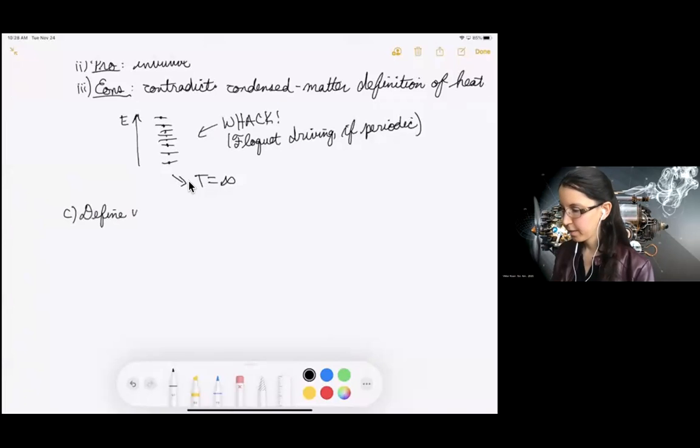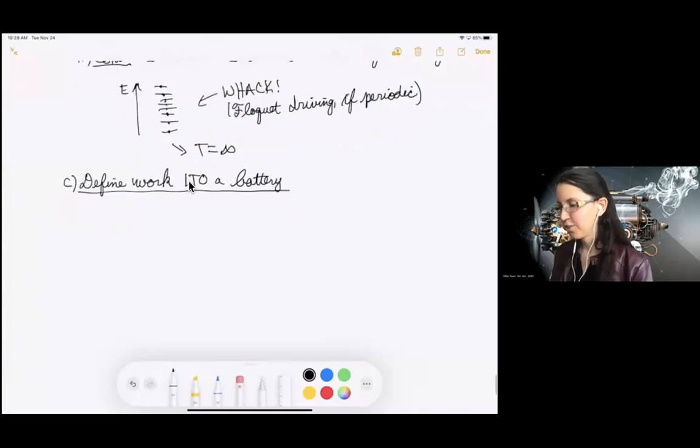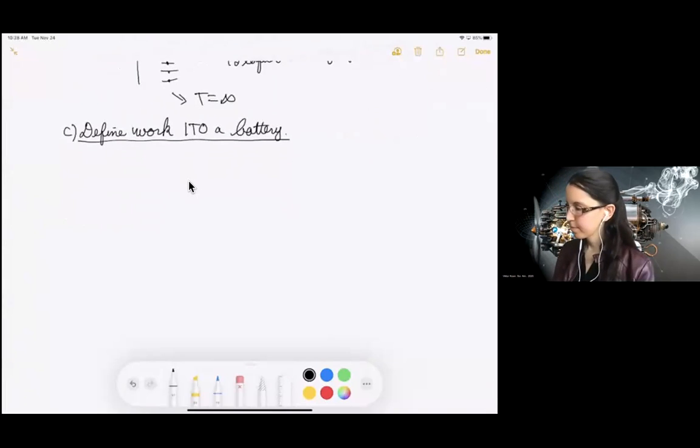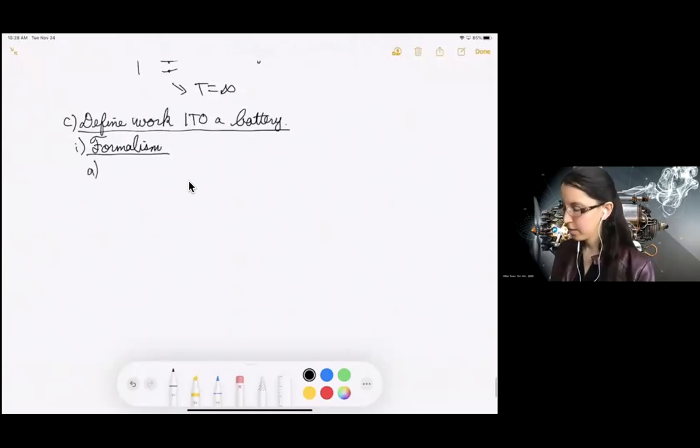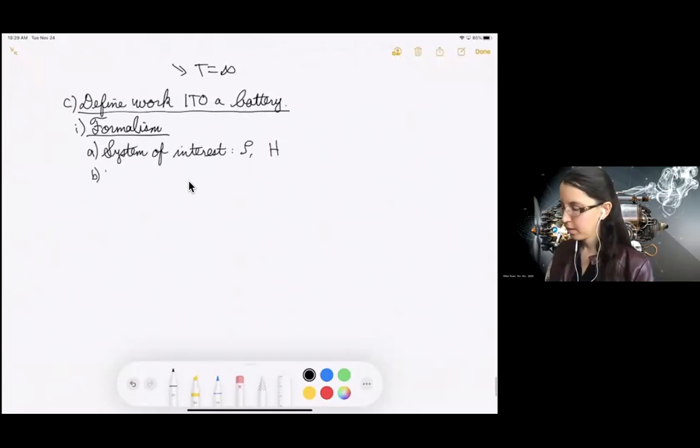We can define work in terms of a battery. This is at least a definition for work, not necessarily directly a definition for heat. Here's the formalism. We have a system of interest. It starts in some state rho, and it's governed by some Hamiltonian H. There's also a battery in which we can store the capacity to perform work.